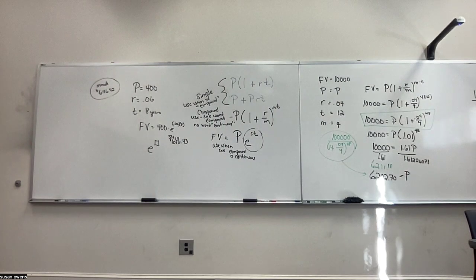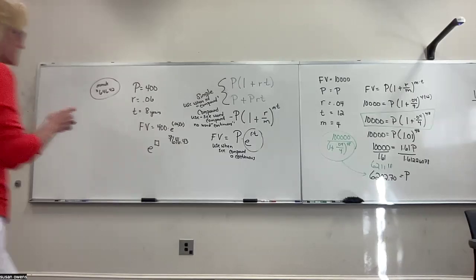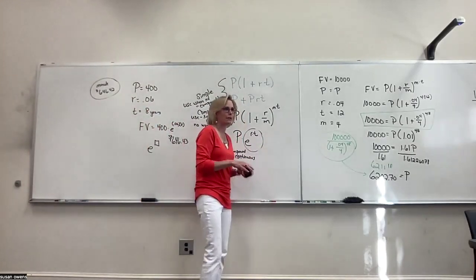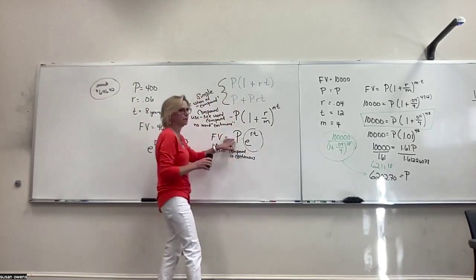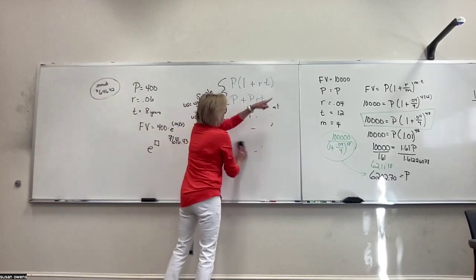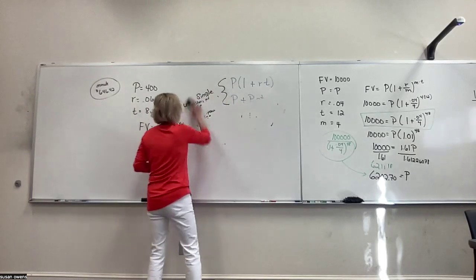All right, now, the next part of this question said, what would the principal be if we compounded it continuously? So now we're going to use this formula right here. Everything else from that column is going to be the same.